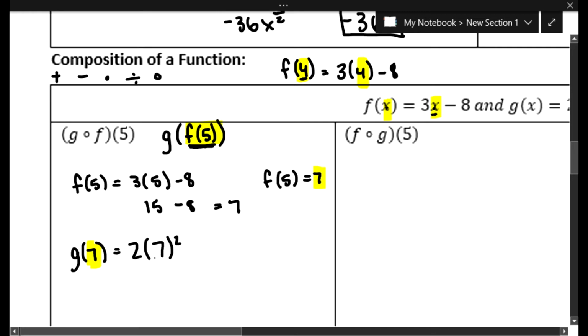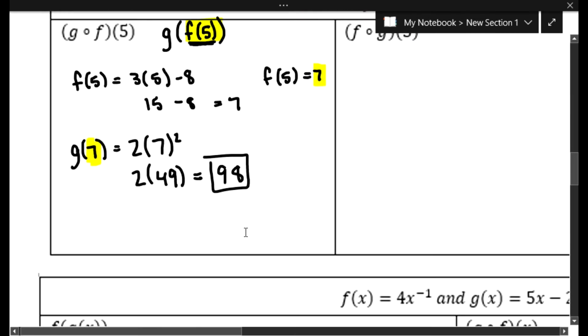And we follow order of operations. 7 squared is 49. So 2 times 49 is equal to 98. That's my final answer. I'm just going to write it in function notation. g of f of 5, because that was the original thing we plugged into, was equal to 98.